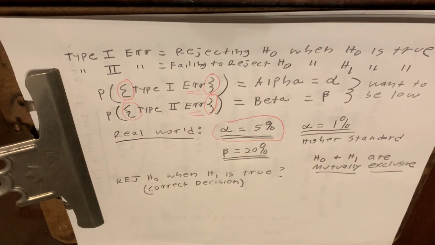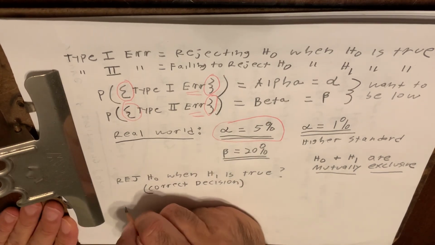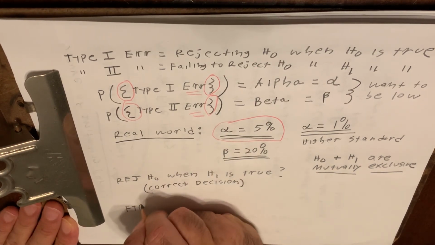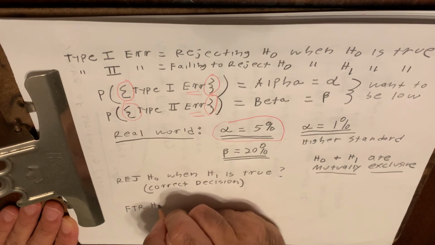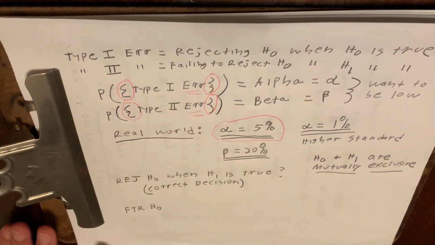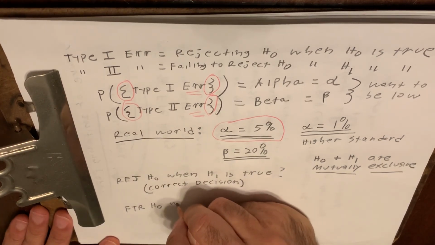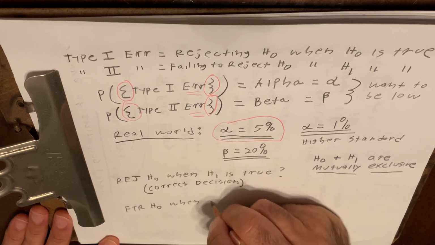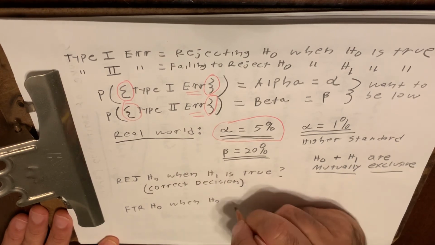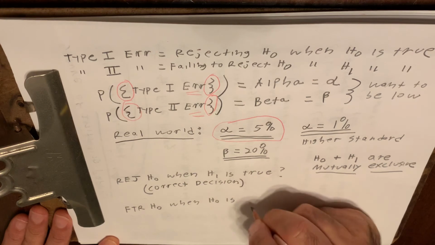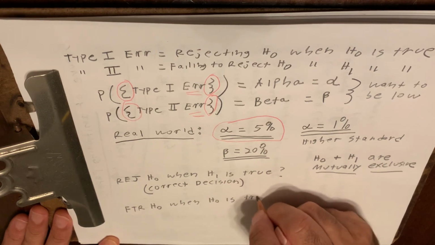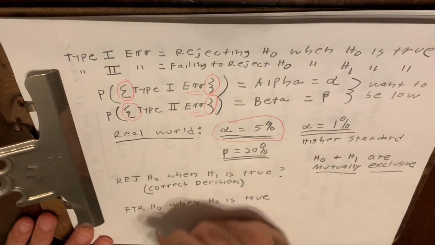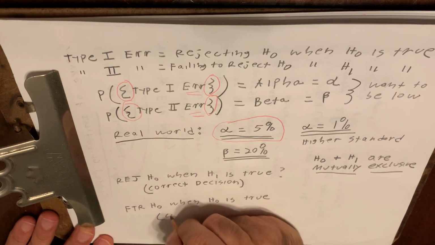This is a great thing you've just done, you know? And if you fail to reject the null when the null hypothesis is true, you've made another type of correct decision.